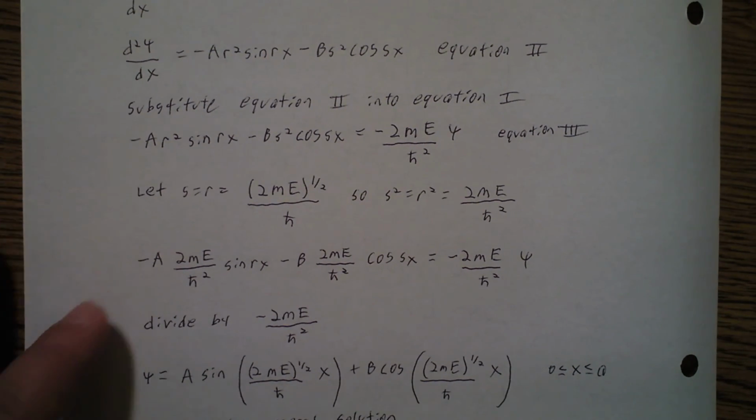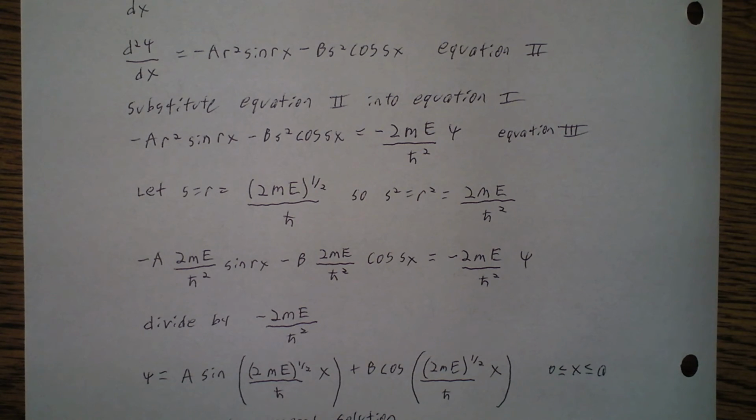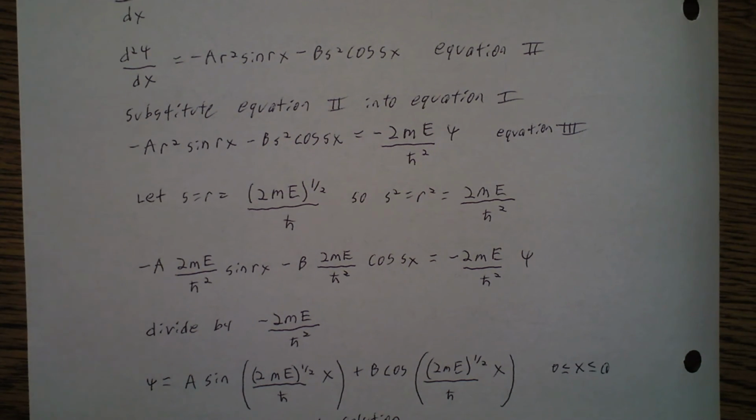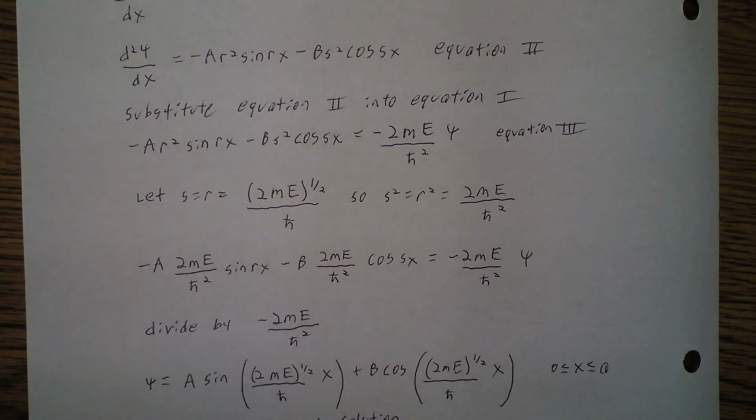Then we get minus a times 2mE over h bar squared times sine rx, minus b times 2mE over h bar squared times cosine of sx, is equal to minus 2mE over h bar squared times psi. Now we're going to divide everything by 2mE over h bar squared because it's everywhere.